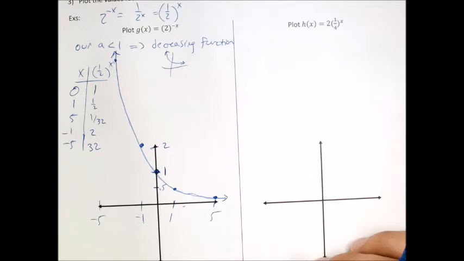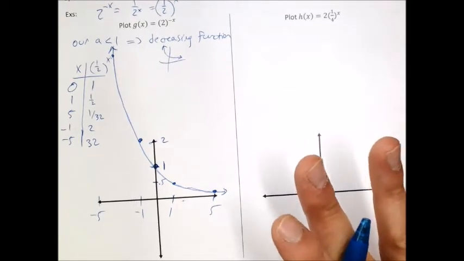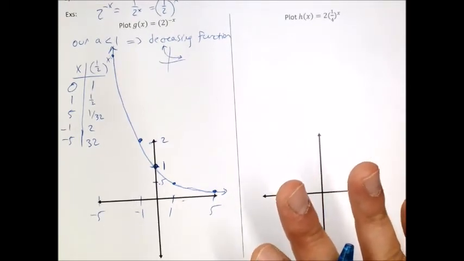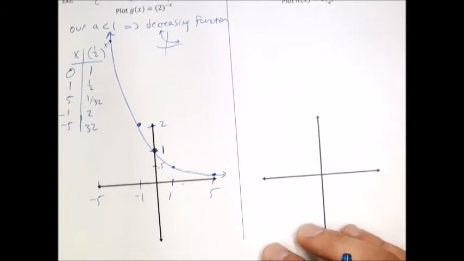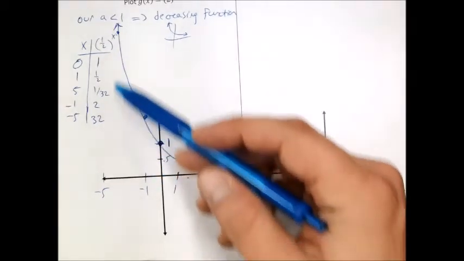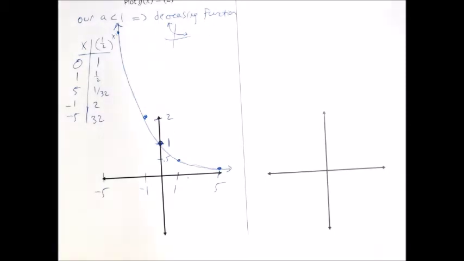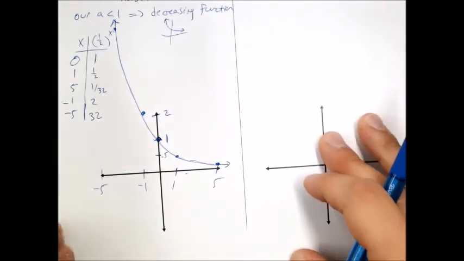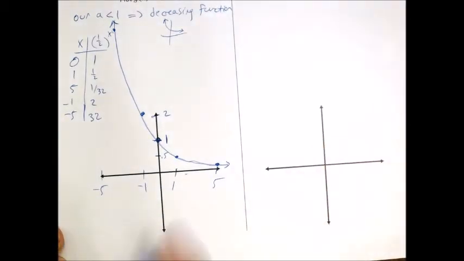And so, before I start transitioning into the transformations part, instead of graphing a bunch of points, which again I think is beneath you, quite frankly, let's think about this as a transformation. It's like we started with 2 to the x, and 2 to the x is something we know what it looks like.